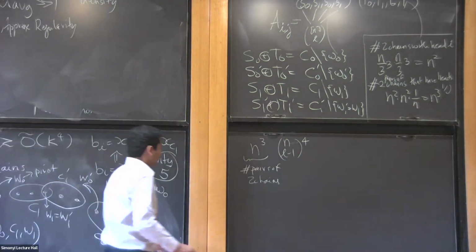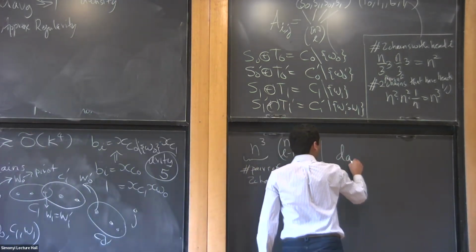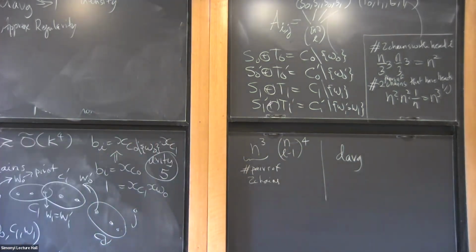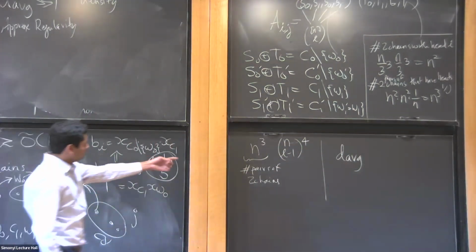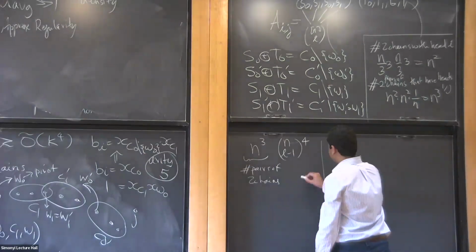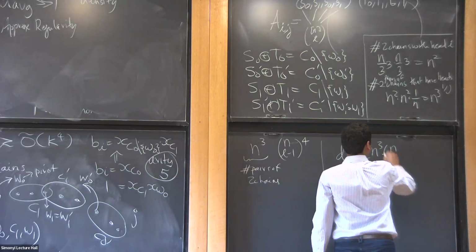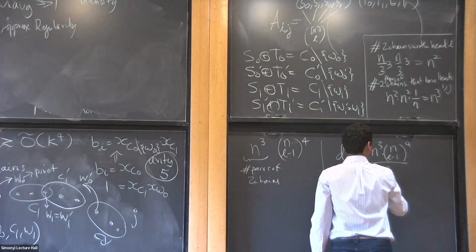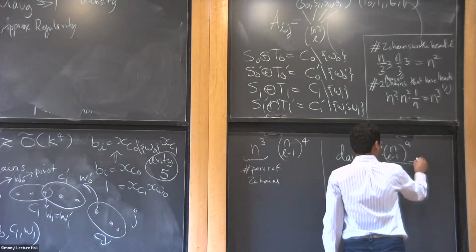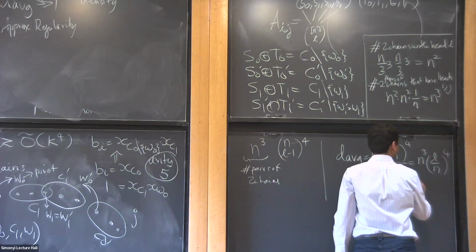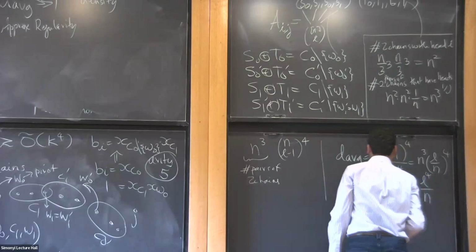Okay. So let's compute the average. The number of vertices I have is n choose L to the 4. That is the number of edges I have. So the average degree is going to be n cubed times L over n to the 4, which equals L to the 4 over n.